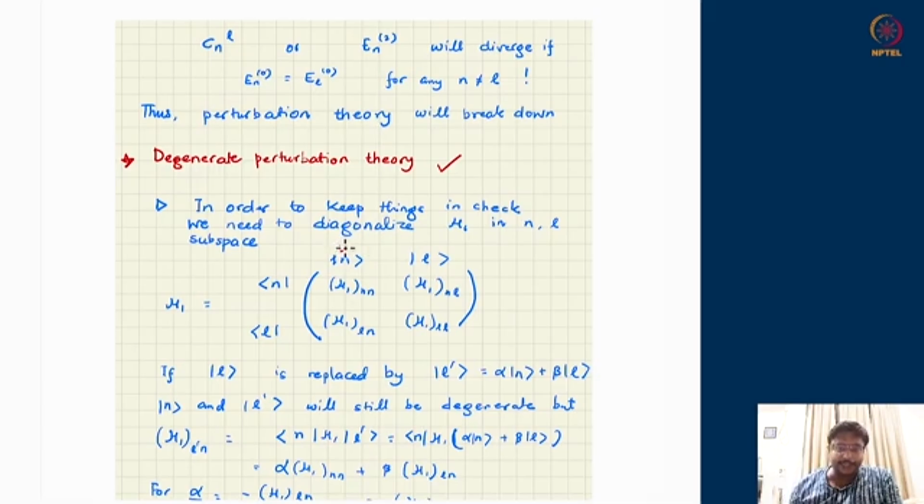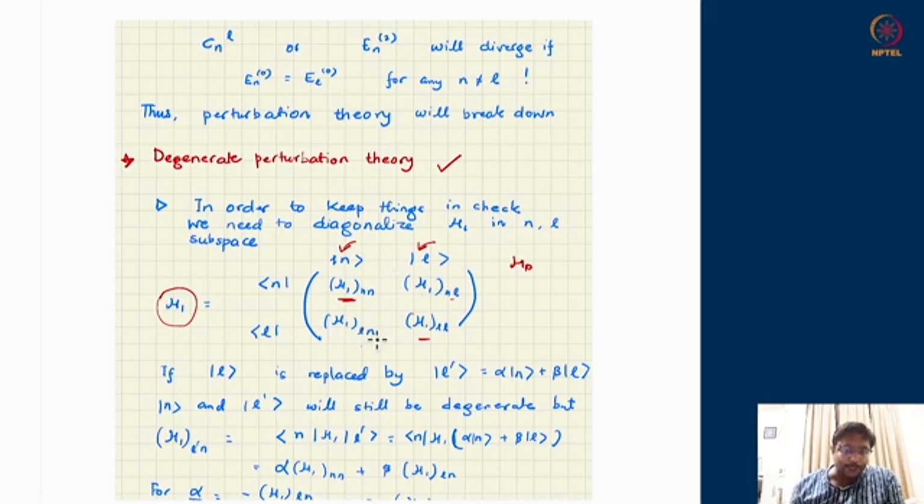So I will take state N and state L, which have the same energy corresponding to H0, and write down the perturbation Hamiltonian in this subsector across N and L. In this two-dimensional subspace, the perturbation Hamiltonian's diagonal terms will be H1NN and H1LL, and the off diagonal terms will be H1NL and H1LN.